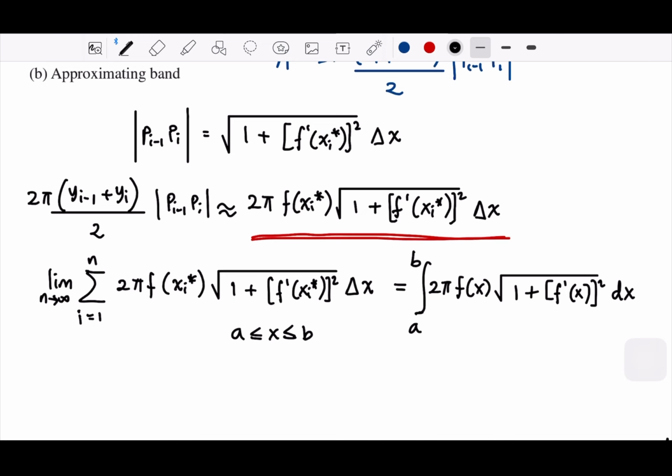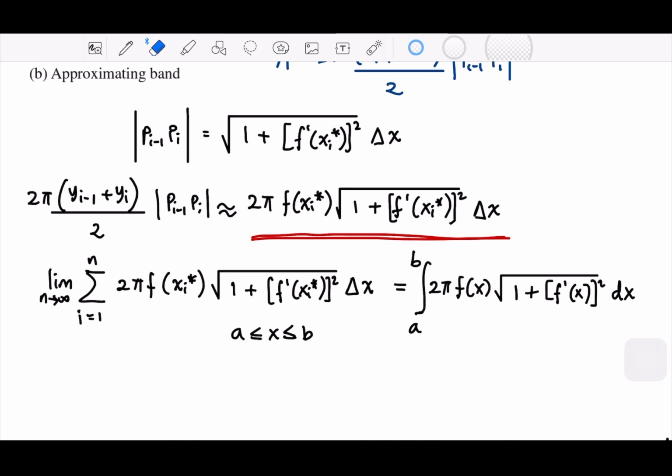So the way you do this surface area is you can start with the arc length first. Or if you would like to combine, from the arc length part, you can do it inside.